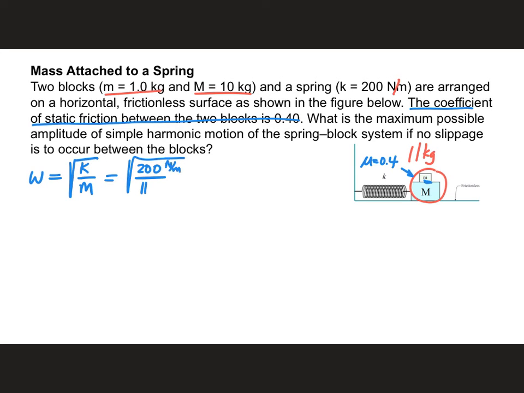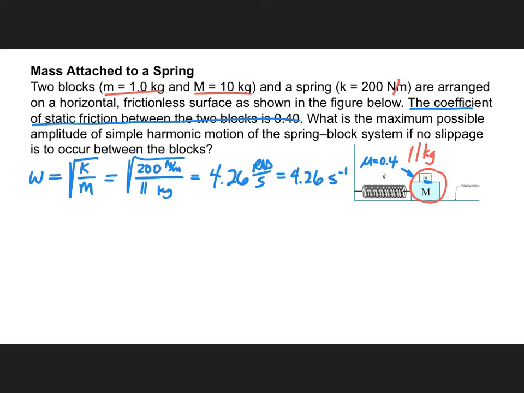So we have newtons per meter here, kilograms here, and so this will give us 4.26 radians per second, which again, just for grins, you might see written as inverse seconds. That's why it relates to frequency.